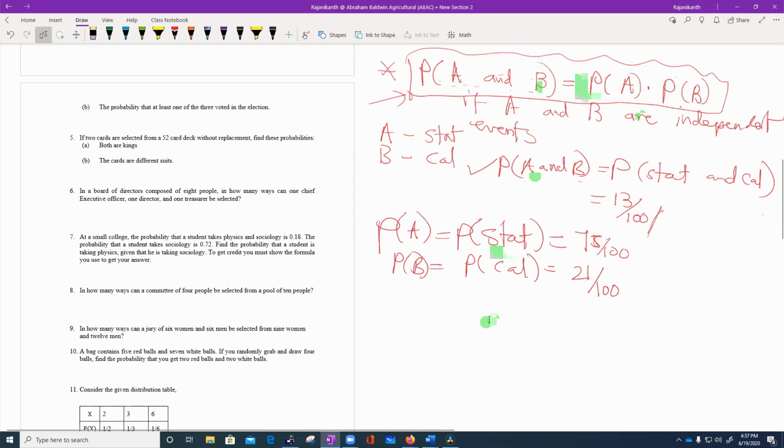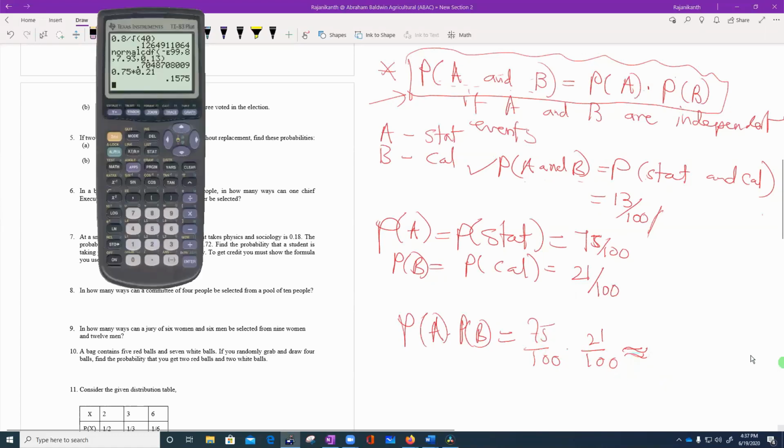The formula says that P of A and B should be equal to P of A times P of B. Now tell me, what is P of A times P of B? What is my P of A answer? I got 75 over 100. What is my P of B answer? I got 21 over 100. Check your calculator. What is the answer you get when you multiply these two numbers?